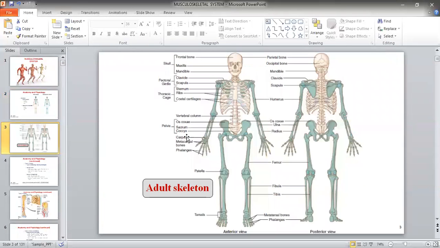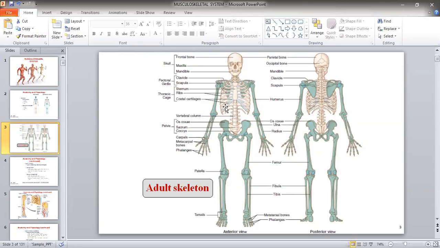And this picture shows the different bones' names. This is the skull, right? The skull is basically composed of the frontal bone, maxilla, and mandible. Then these two bones together are called the pectoral region, made by the clavicle and scapula.